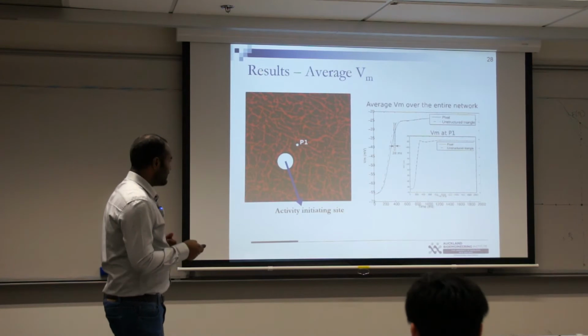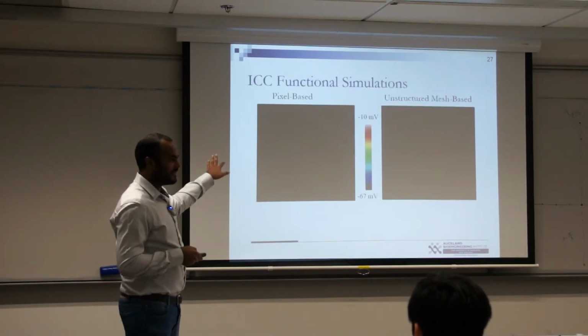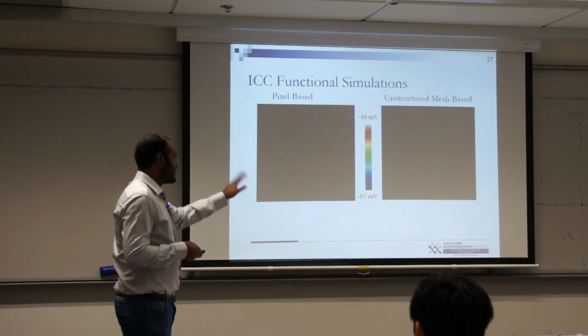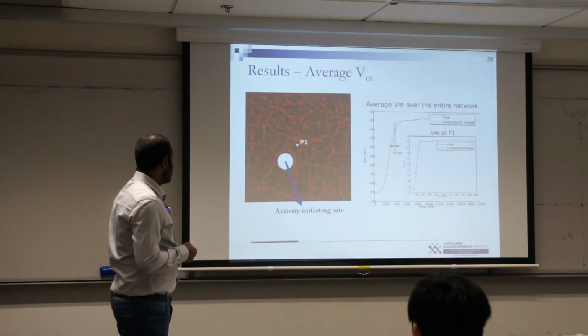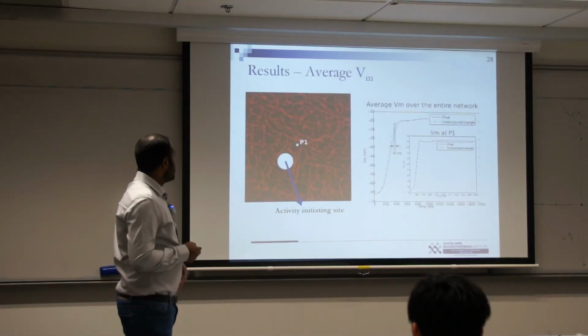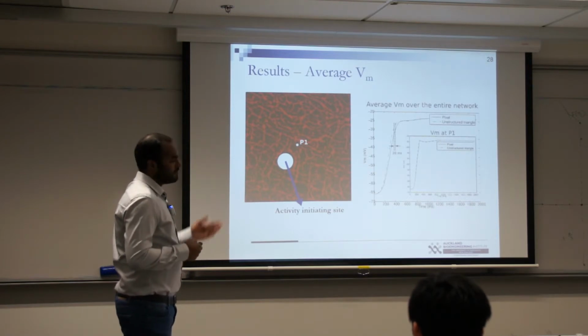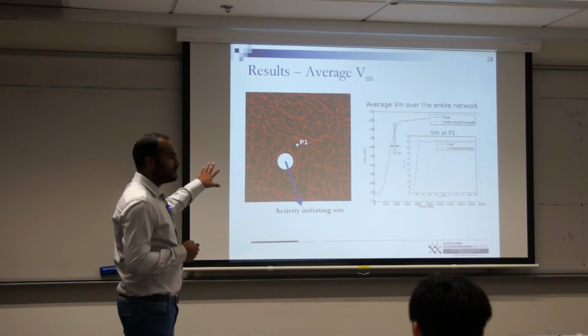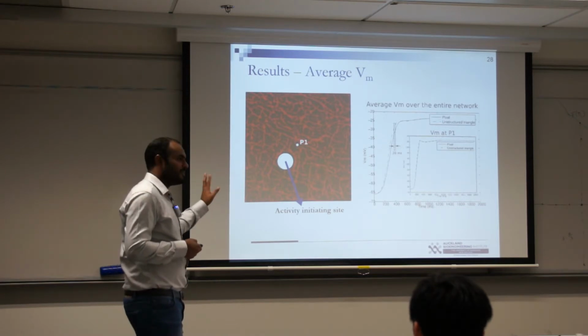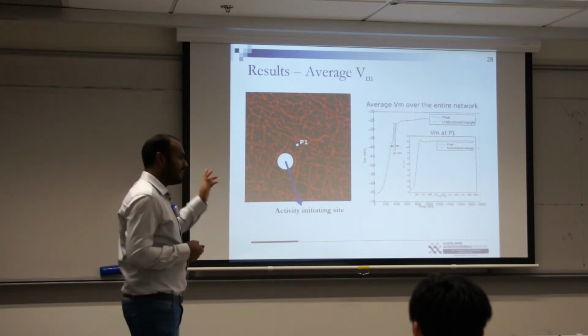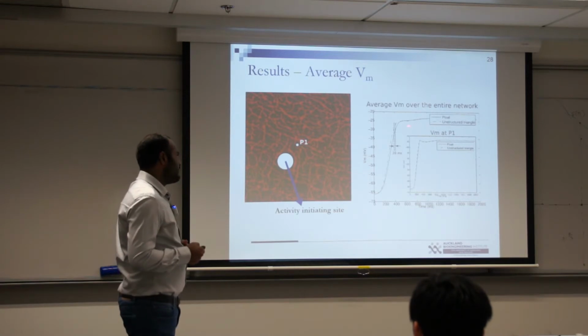Good. Okay, so that was actually a comparison of the pixel-based activity and the unstructured triangular mesh-based activity. The entire plan over here is to compare the differences between the pixel-based and unstructured network, and we observed about the same.